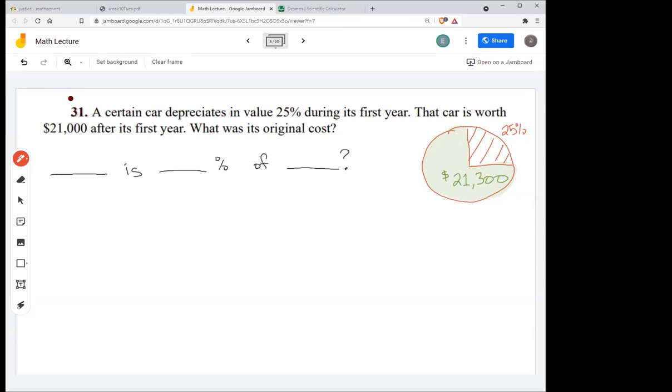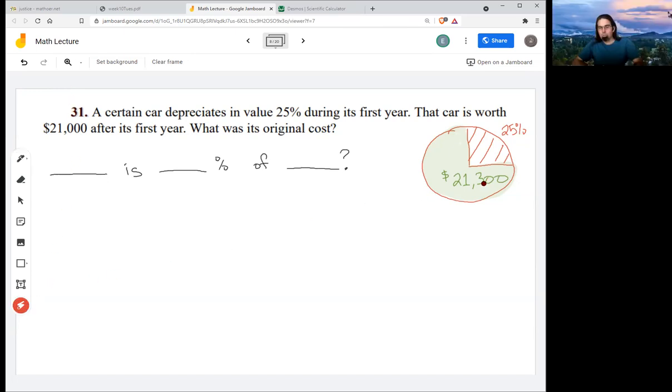Okay, there's two numbers we don't have, a dollar value for that pie slice or a percent value for the green pie slice. And only one of those we can find. Which one is it?